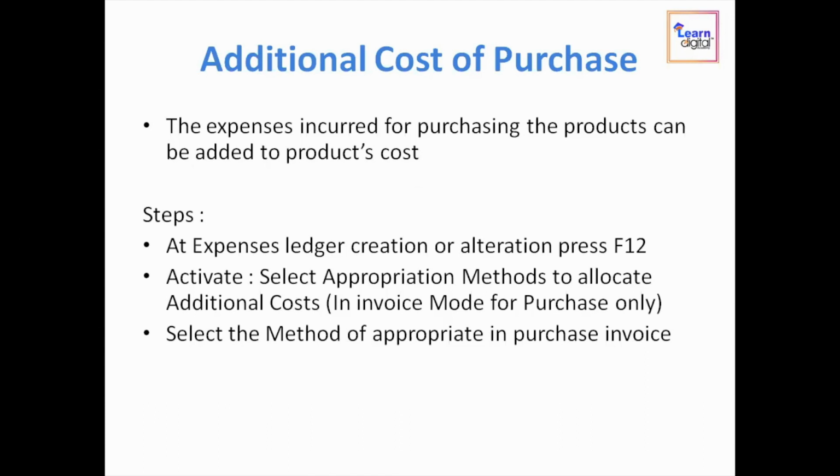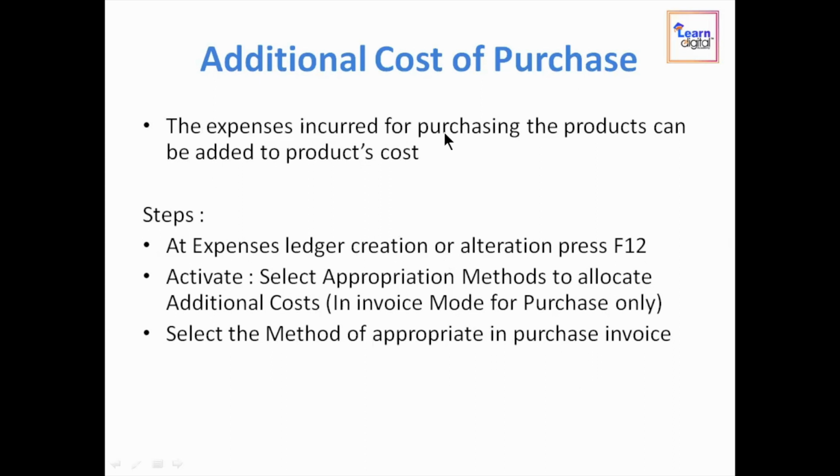All these expenses should get added to the cost of the product so that we can arrive at proper costing of that particular product, and then we can decide how much profit we need to generate from each and every product.